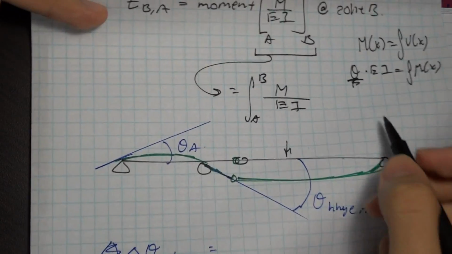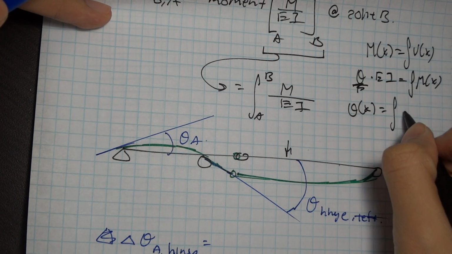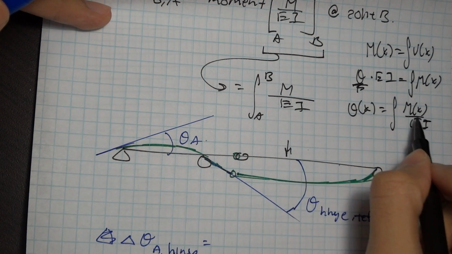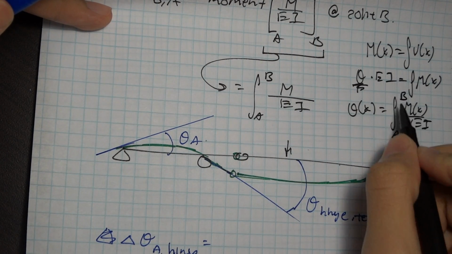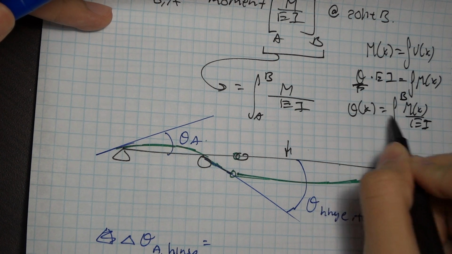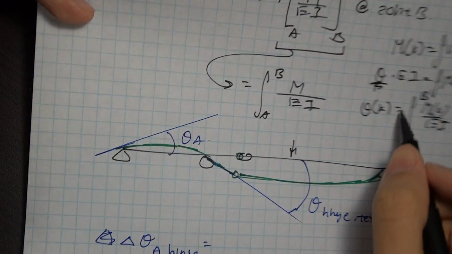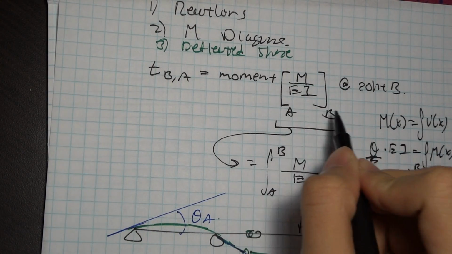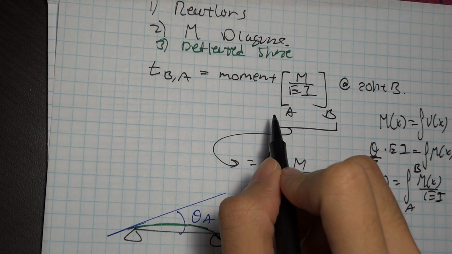What does this represent? Do you notice that theta of x and M of x over EI, that these two are the same? If I put limits of integration here, what theta of x is giving me is the change in angle from A to B. So just by finding the area of your moment diagram between 2 points, you find the change in angle between those 2 points.